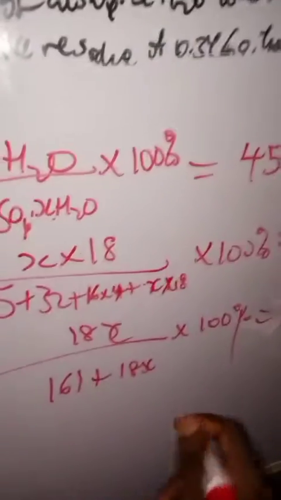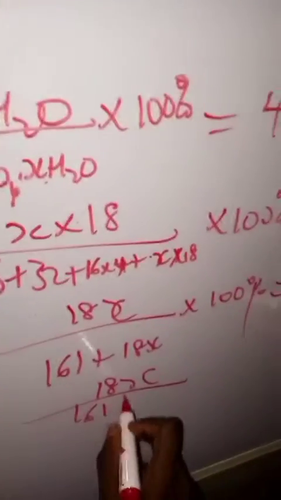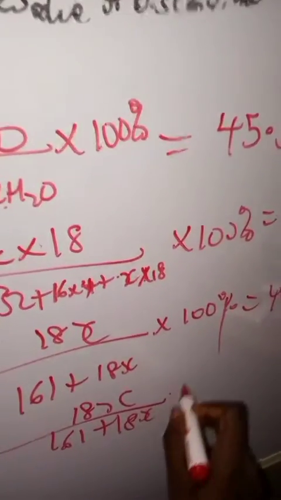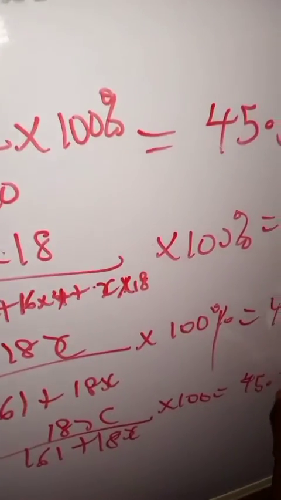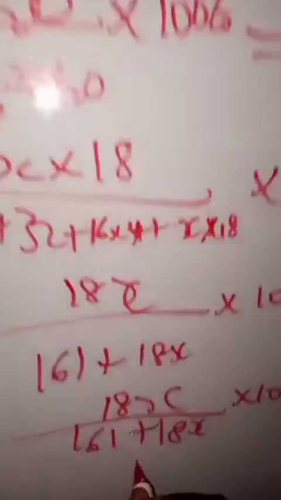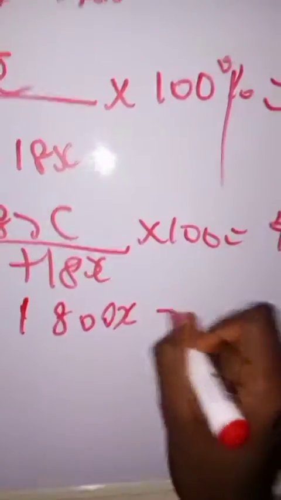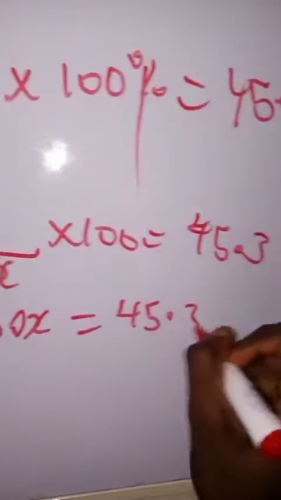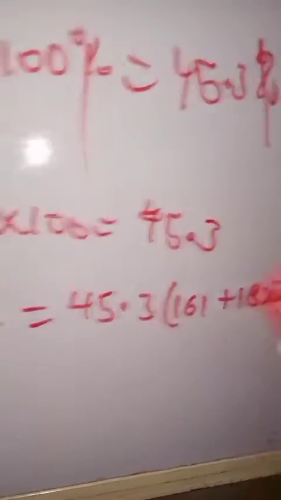This percent cancels out. We have 18x over 161 plus 18x times 100 to give you 45.3. So just multiply across. You have 1800x equals 45.3 into bracket 161 plus 18x.